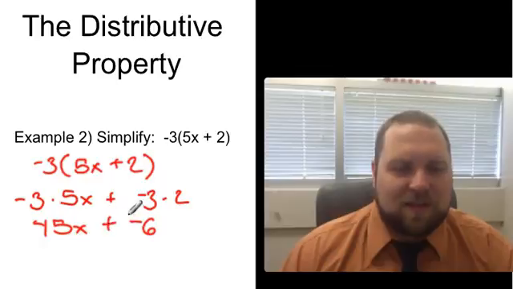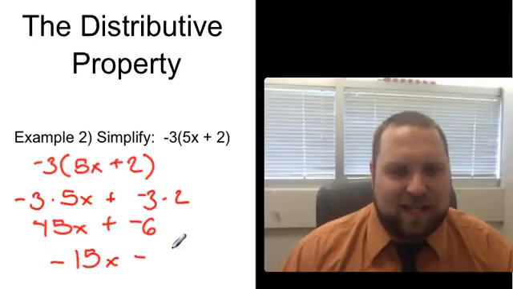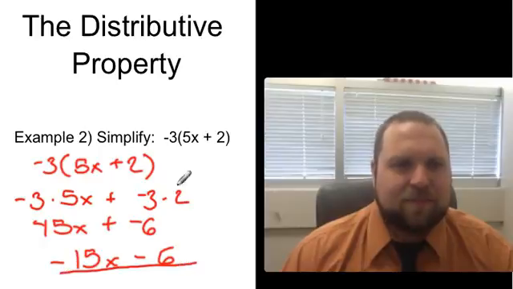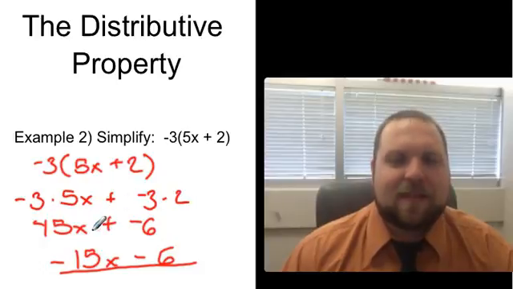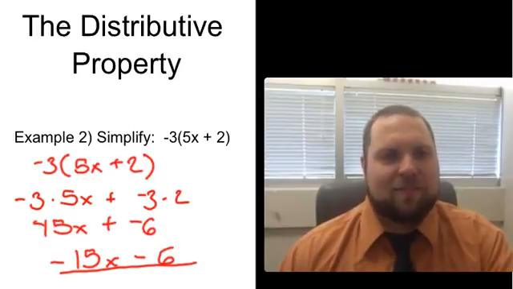But we remember that if we add a negative, that's the same thing as subtracting. So when I simplify, I'm going to simplify that into negative 15x minus 6. So I've now taken this, multiplied the negative 3 by each part, written that out, which is very important, and simplified it down and seen what I end up with.